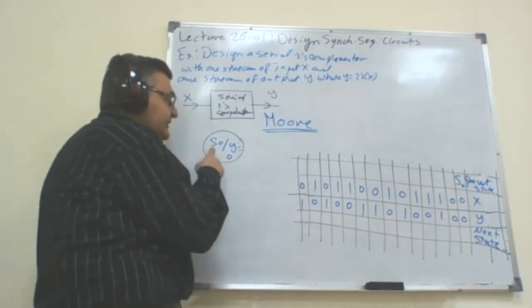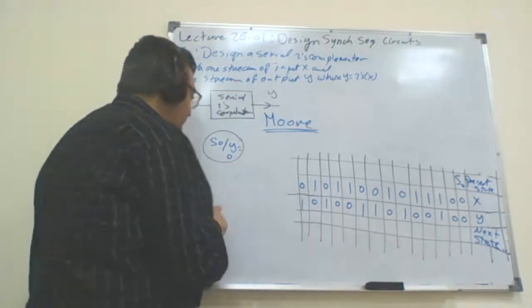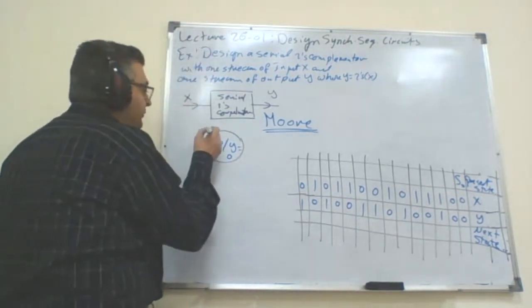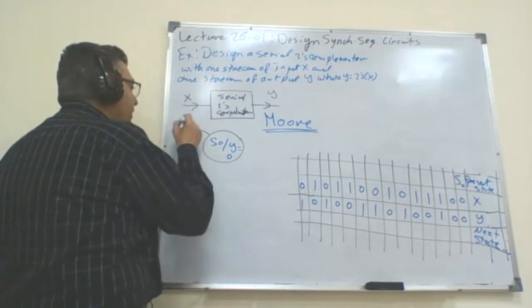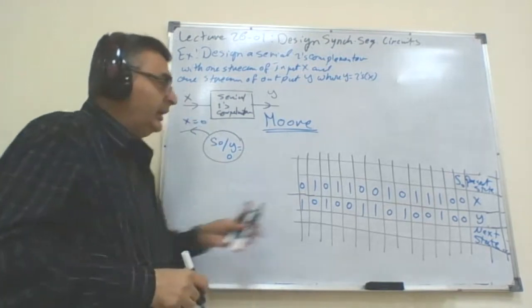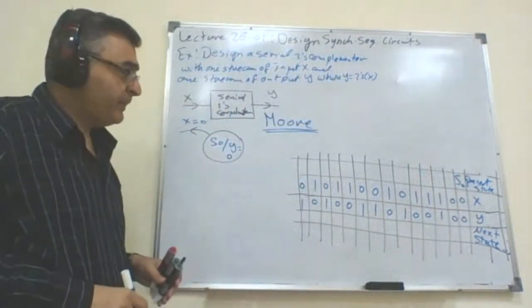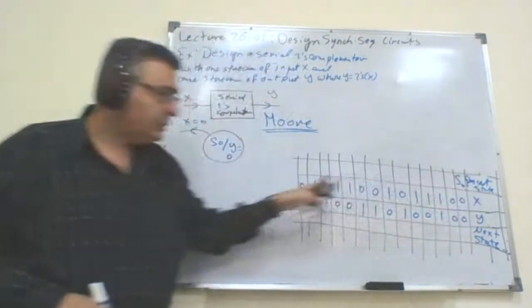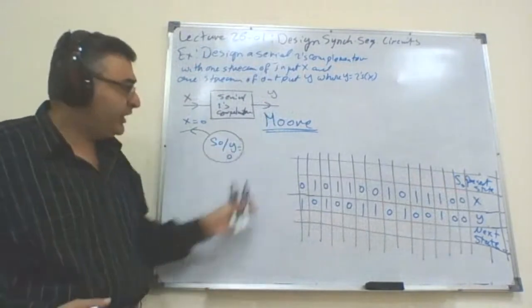Now I am in state S0. Y is 0. And I start receiving my first input, X equals 0, as the sequence here shows. Again, I just put it arbitrarily. It's just an example to train on the state diagram.